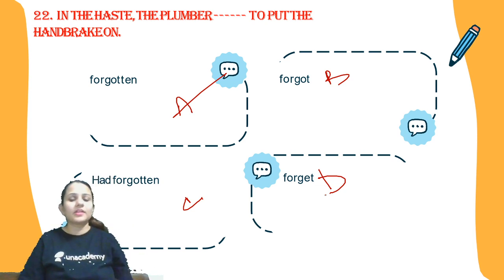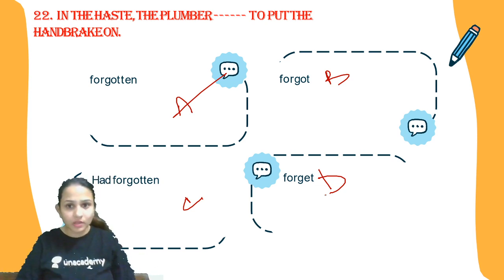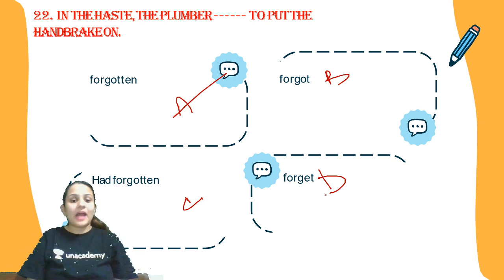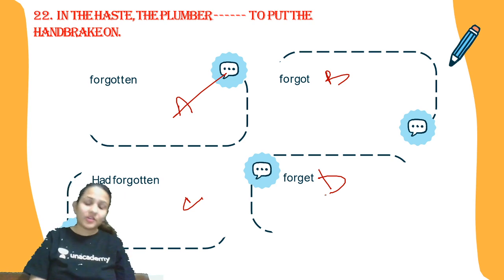In the haze, the plumber dash to put the handbrake on. The plumber forgotten, the plumber forgot, the plumber had forgotten, or the plumber forget.